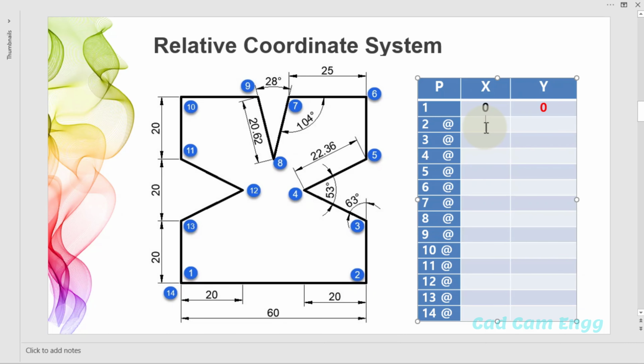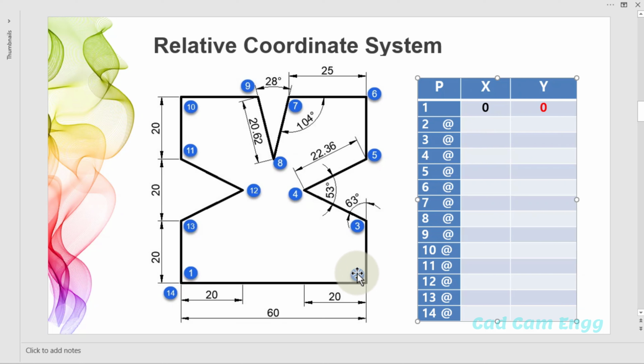You know very well, the first point is 0, 0, because in every coordinate system the first point is given in the absolute method. If you want to give some other point, no issue, just type whatever you want. So next, we need to enter point number 2.